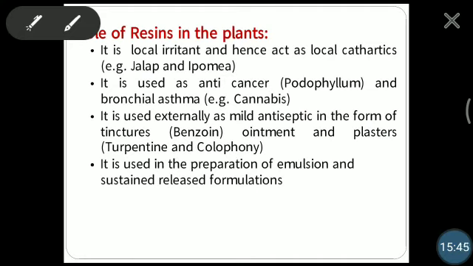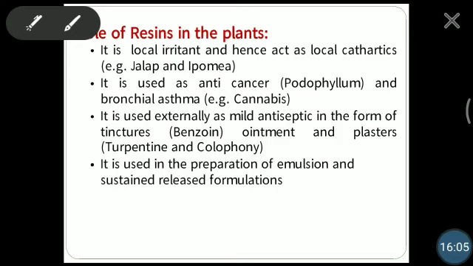The last point is the role of resin in the plants. Here it is a local irritant and hence acts as a local cathartic. It is used as an anti-cancer agent in the treatment of human beings.